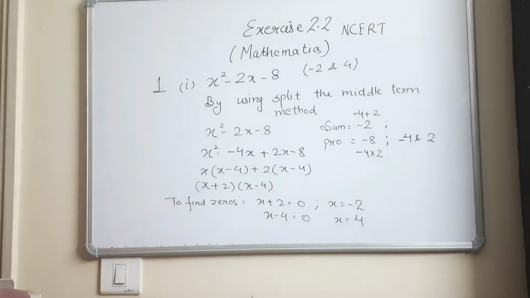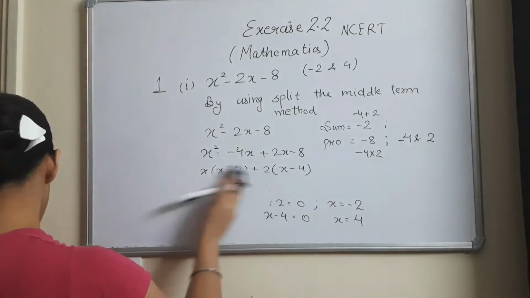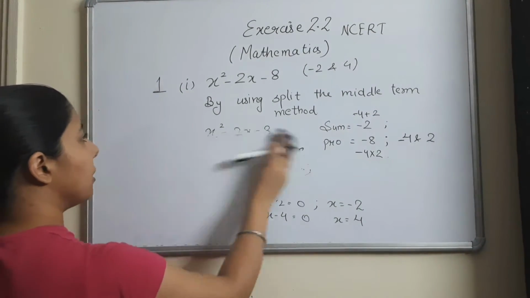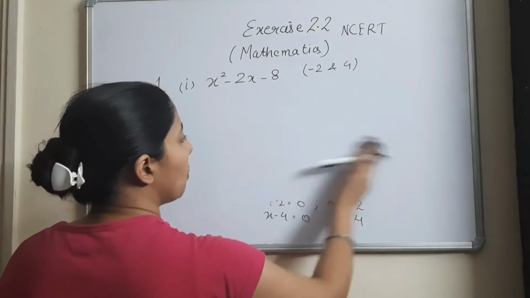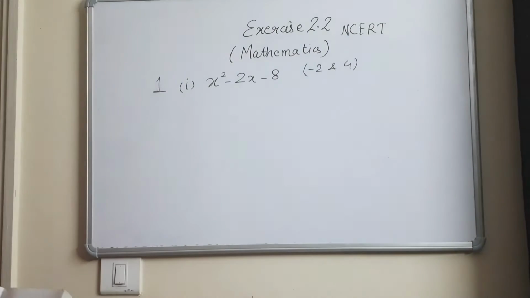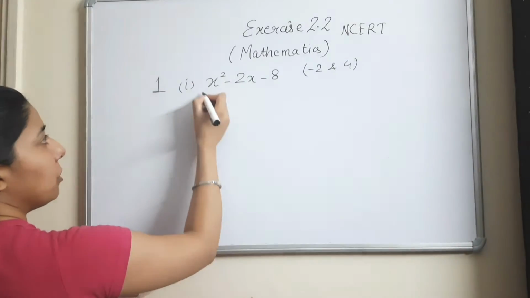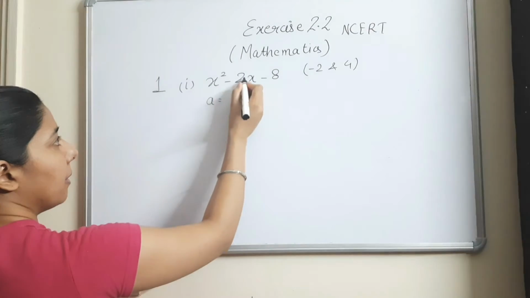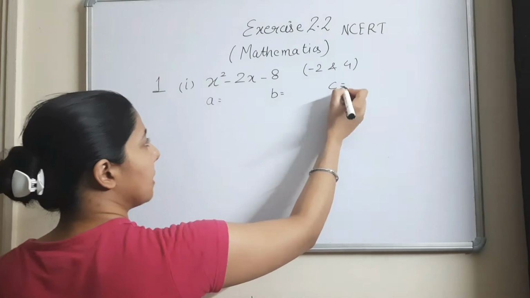So next we will be verifying the result. Verify the relationship between the zeros and the coefficients. So first we will write coefficients as the coefficient of x square as a, coefficient of x as b, and the constant as c.